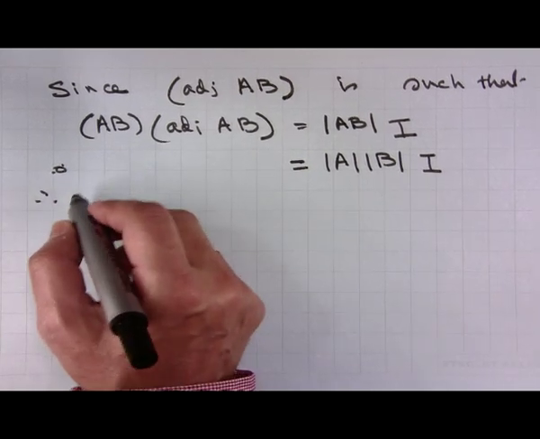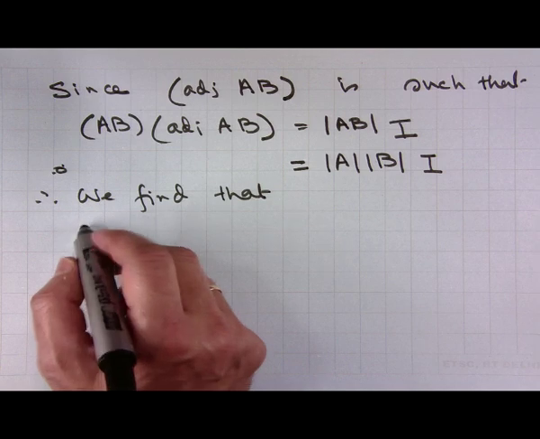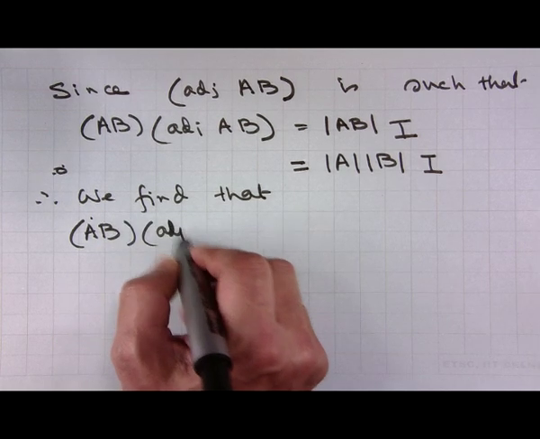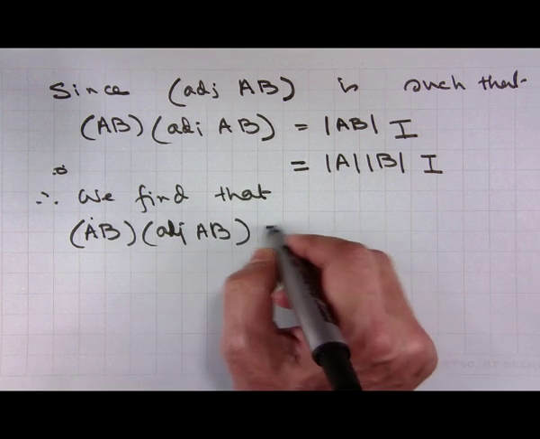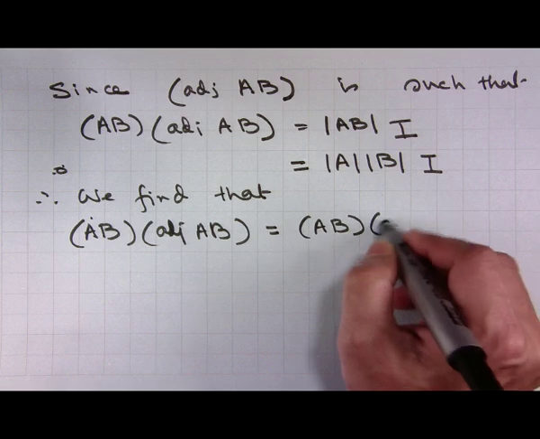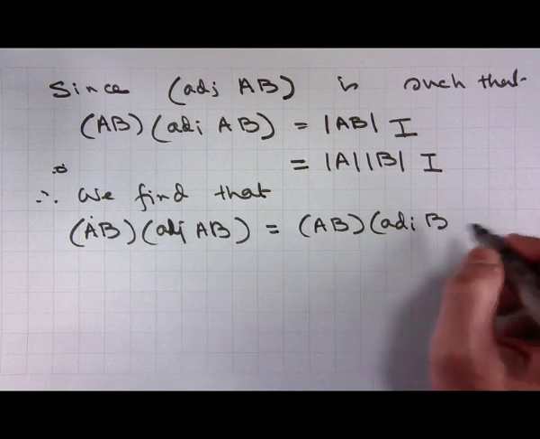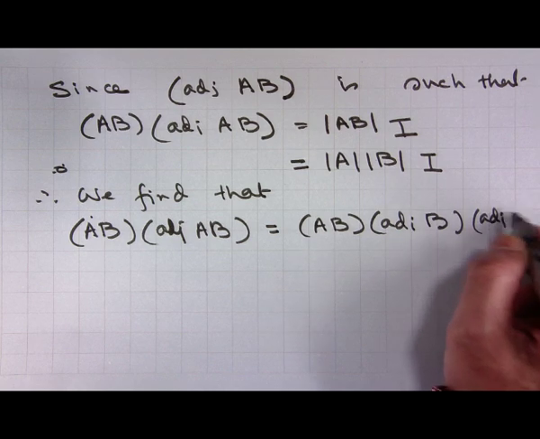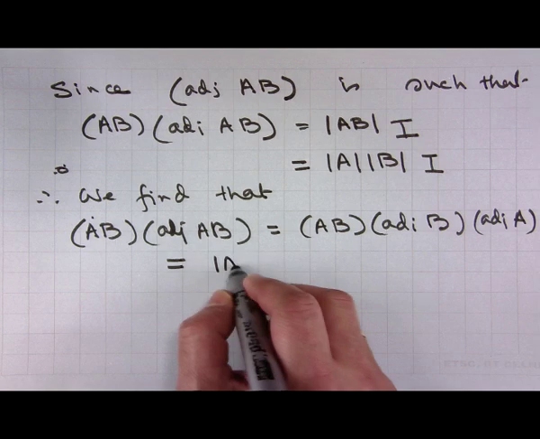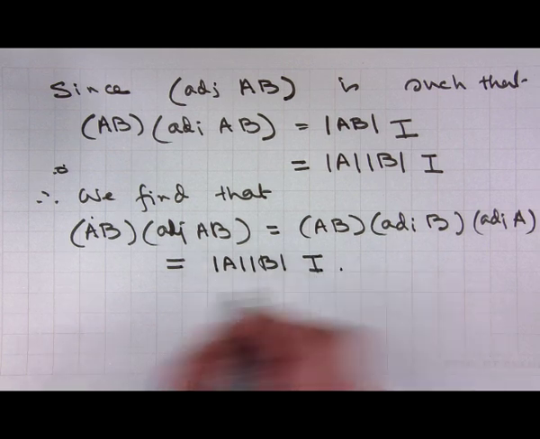Therefore, we find that AB into adjoint of AB is equal to AB into adjoint of B into adjoint of A, which is equal to determinant of A into determinant of B into identity.